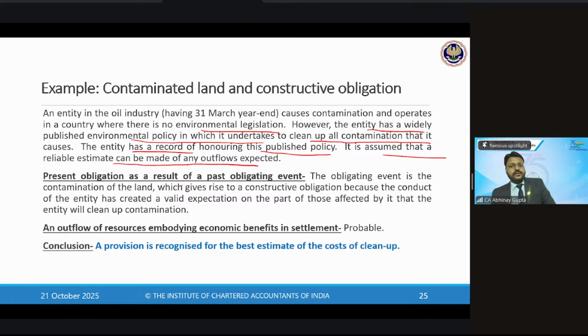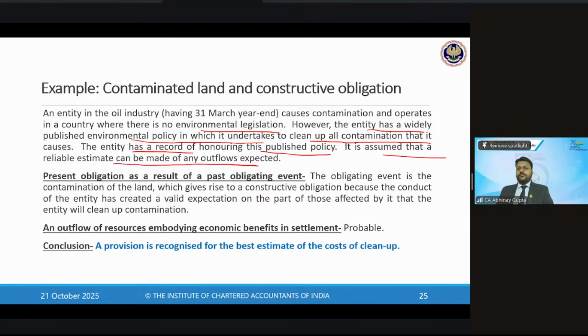Now, past event. Past event is what? Contamination. Yes, contamination is a past event, which is already done. Now, law is not there for the cleanup. So there is no legal obligation, correct? But there is a constructive obligation, because the company has by its environment policy set the expectation to the public that it will take the cleanup activity, right?